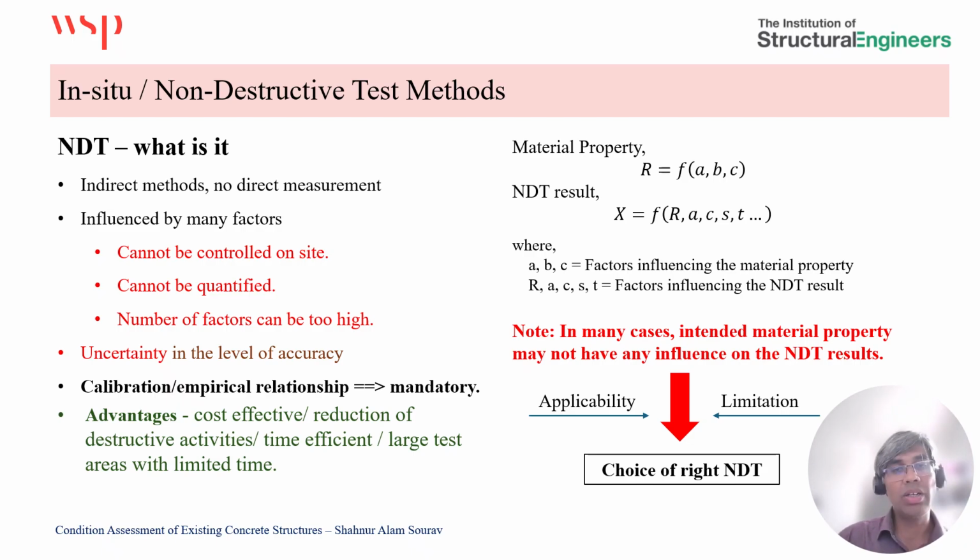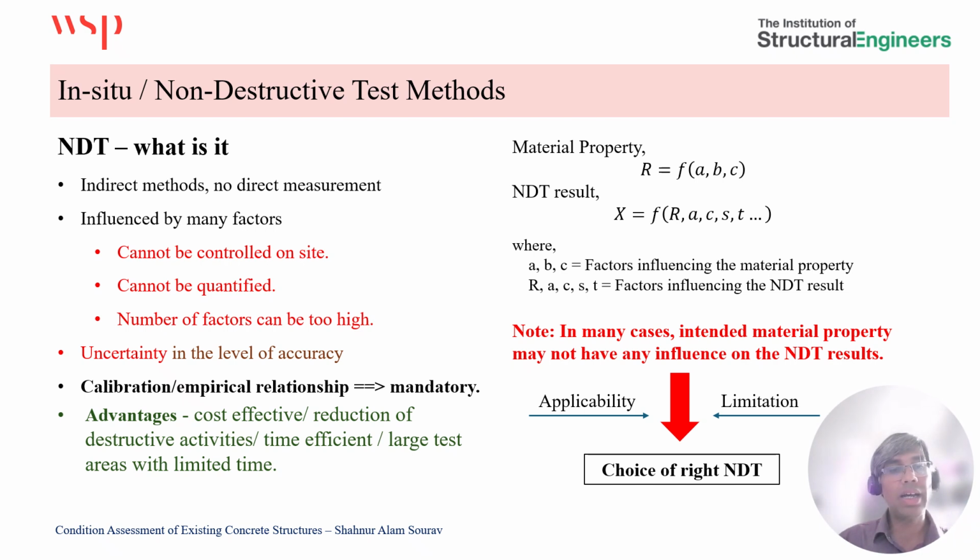They are indirect methods, influenced by many factors that in most cases cannot be controlled on site or quantified, or the number of factors is too high to take into consideration. So there is always a level of uncertainty in the test results.